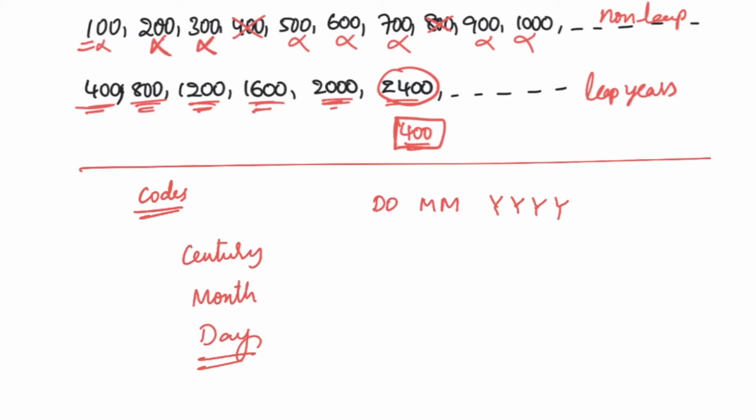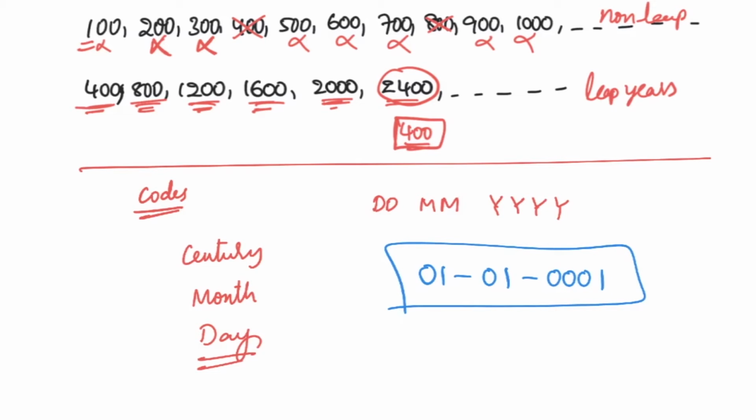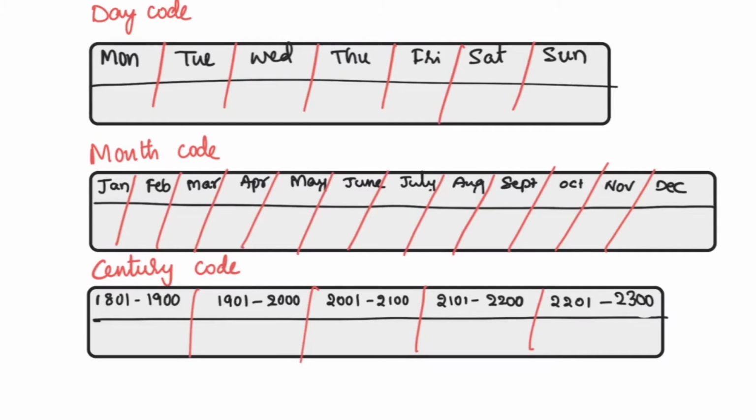And the calendar which we are using now starts from 1st January, 1st century, 1st year, and that day was Monday. That's why Monday code is 1, that is the first day. Tuesday 2, Wednesday 3, Thursday 4, Friday 5, Saturday 6, and Sunday 0 or 7 depending on the situation. Whether it is the 0th day or the 7th day, it is Sunday.